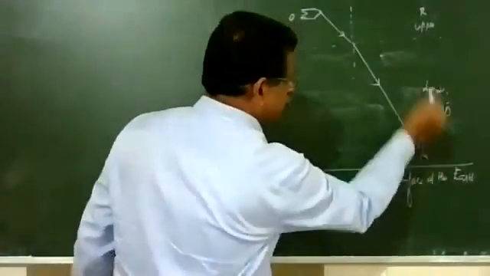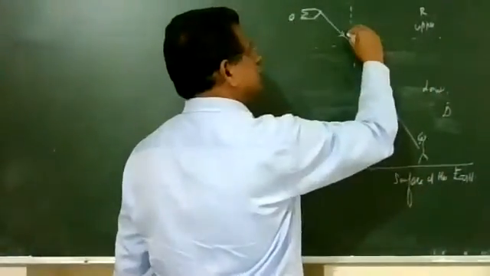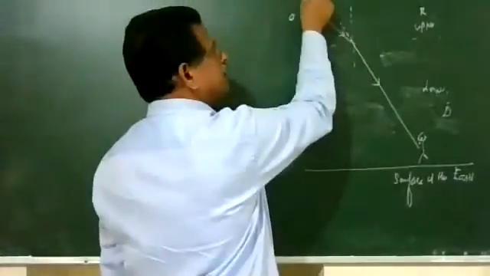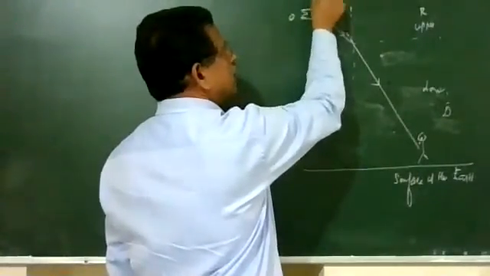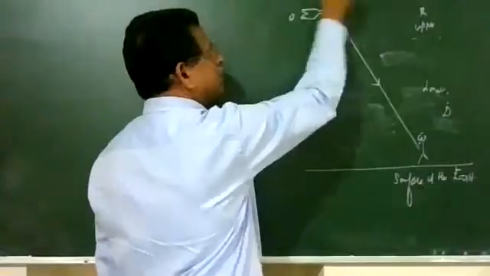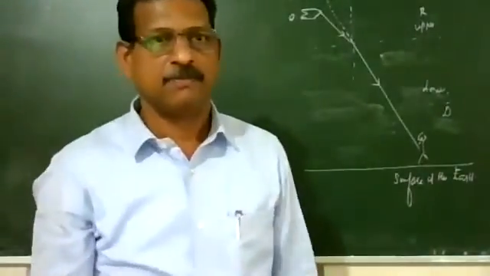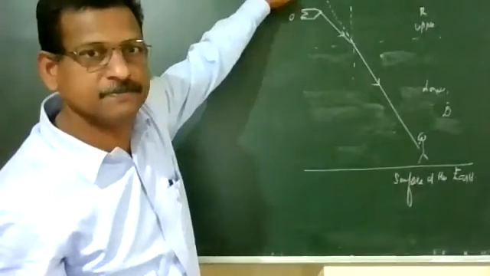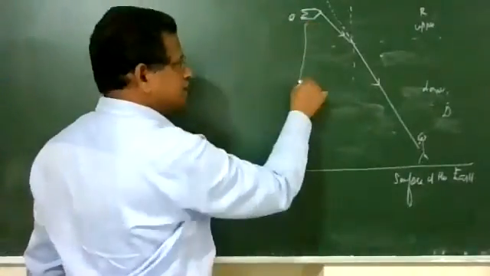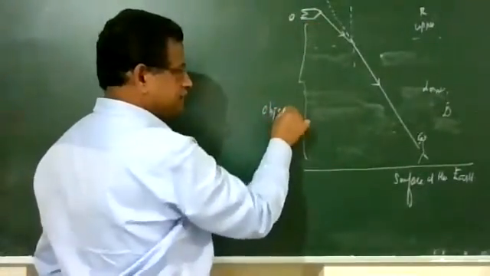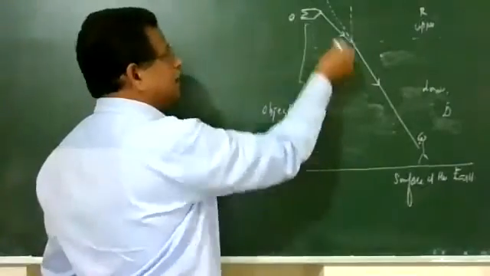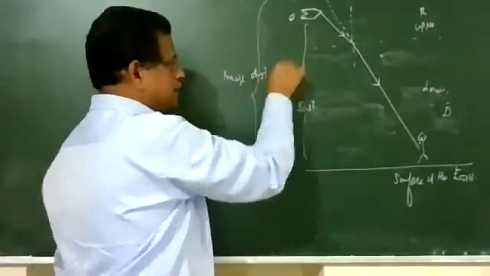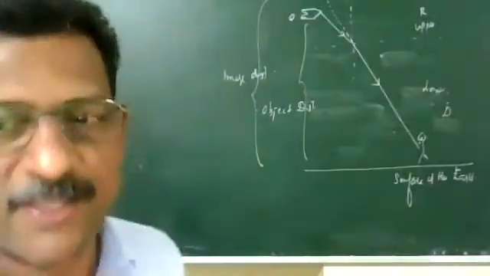So for you, the light ray appears to come from some point above. The image of the object will be slightly above, so the image will be here. This is the object distance and this is the image distance. Which distance is greater in this case?